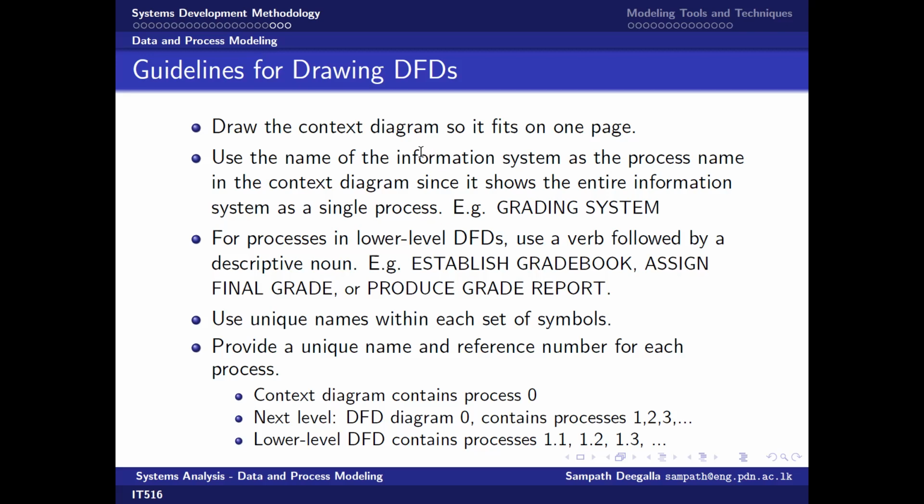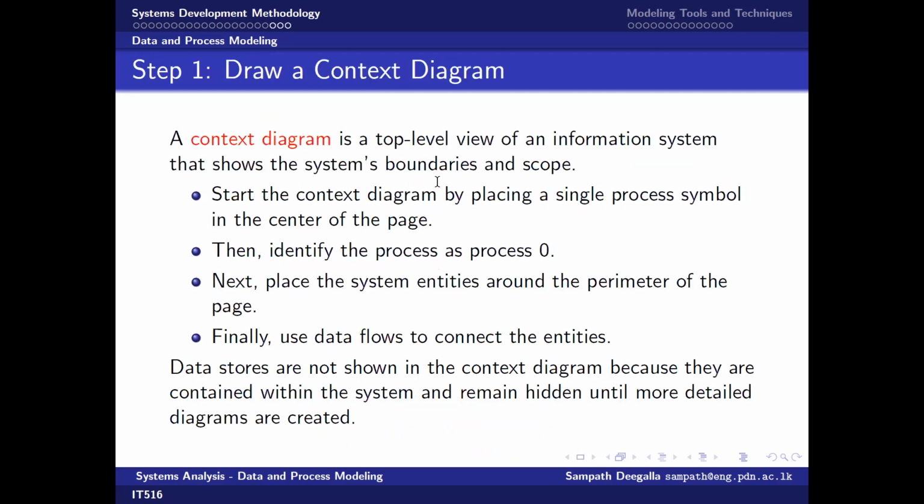So that is basically a brief discussion on how to draw DFDs. Right. Now, as a first step, you should develop something called the context diagram. The context diagram gives you a top level view of the information system.